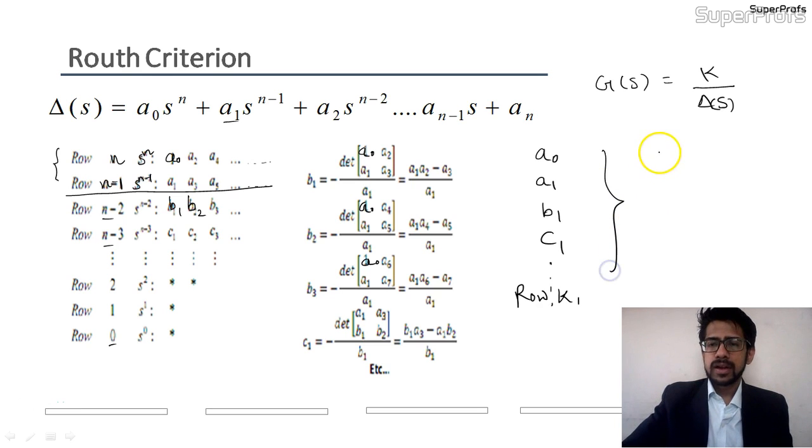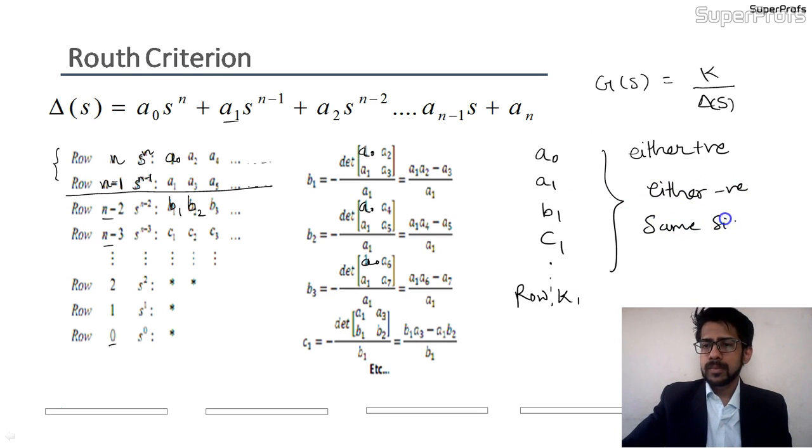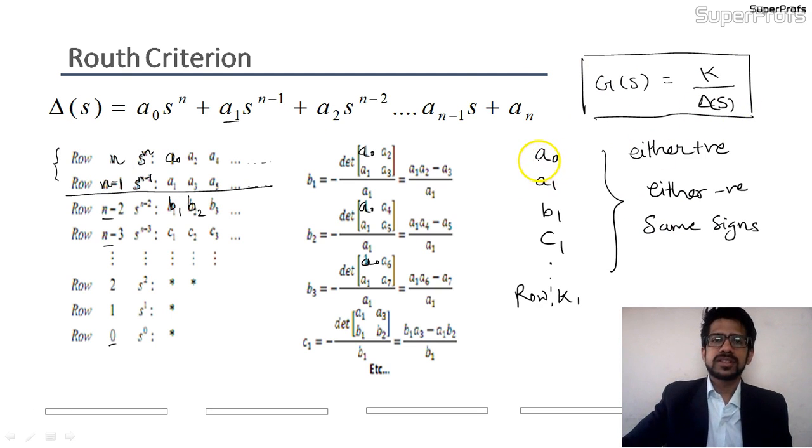And if the signs of a0 to k1 are either all positive or all negative, but all signs should be the same, then we can say that the system represented by G of s is stable. So this is how Routh ultimately created an array to show how to determine the system stability or instability.